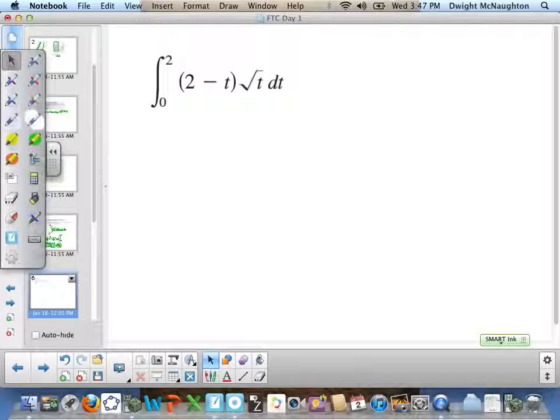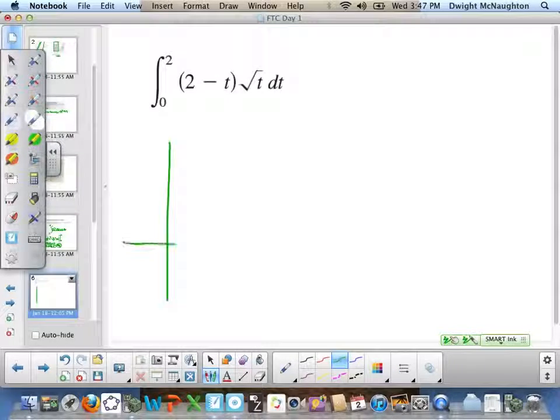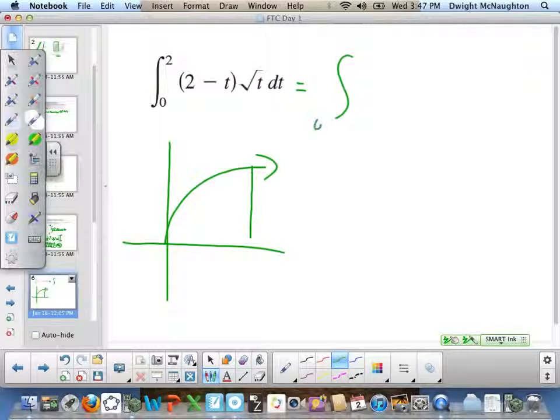So let's find the area under the curve 2 minus t square root of t from 0 to 2. All right, graphically, it really doesn't matter what it looks like. It looks something like that. What we're going to do is take the antiderivative, and then the fundamental theorem will find the area for us.